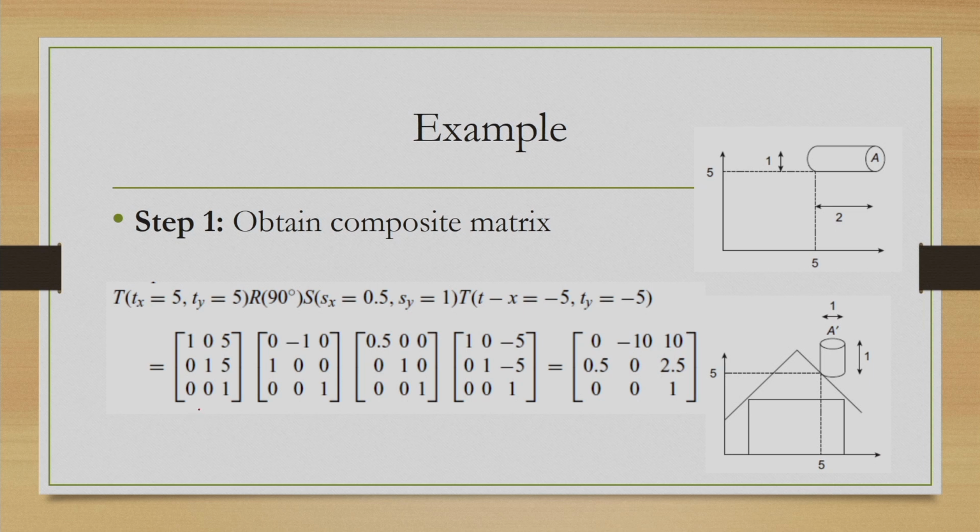So, if we replace these notations with actual matrices, then we will get these 4 matrices, and when we multiply we will get the composite matrix, which will look like this. So, this is our way to get a composite matrix when we are trying to perform multiple basic operations with respect to a point which is not the origin.